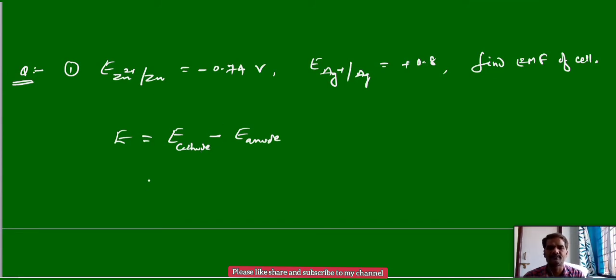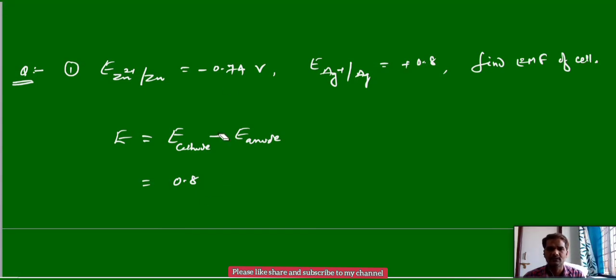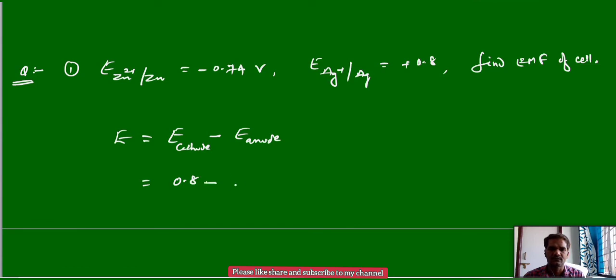Cathode reduction potential 0.8 minus anode reduction potential minus 0.74. Minus minus becomes plus, you can add together, overall 1.54 volts. And this is the EMF of the resultant cell.